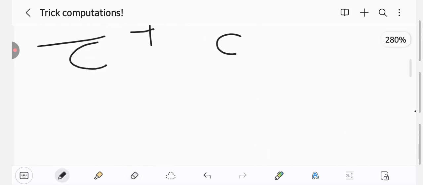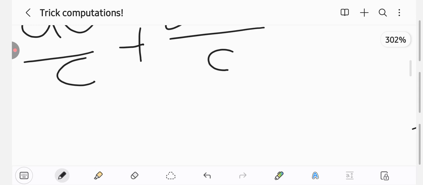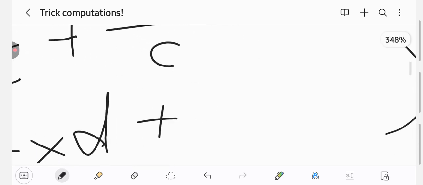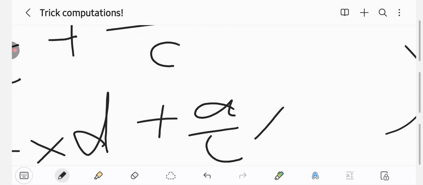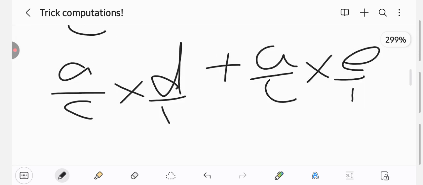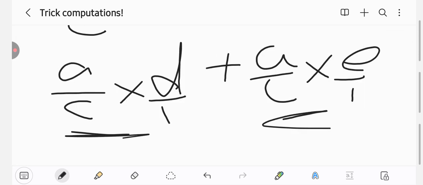Now it can be rewritten as a by c times d plus a by c times e, because underneath d there is 1, underneath e there is 1. Look, it distributed over d and over e: a by c distributed over d and e.